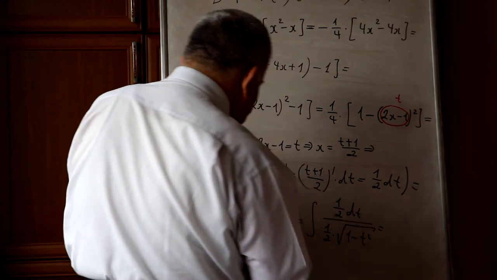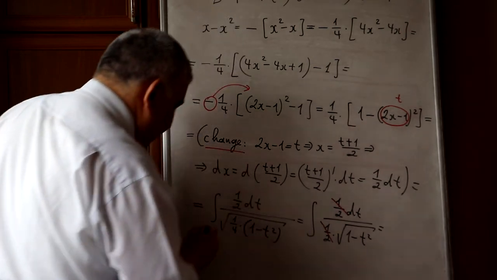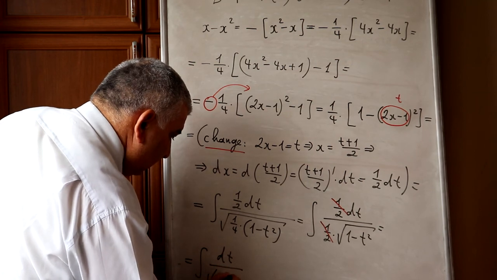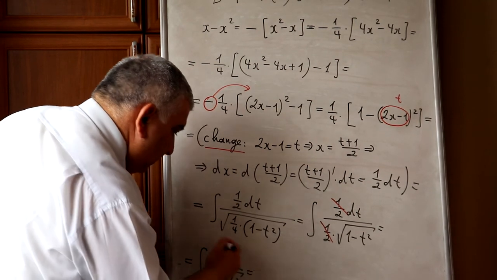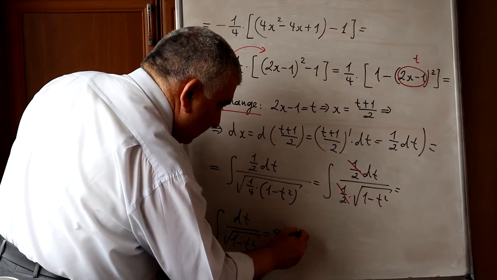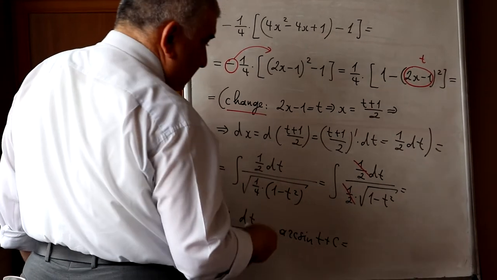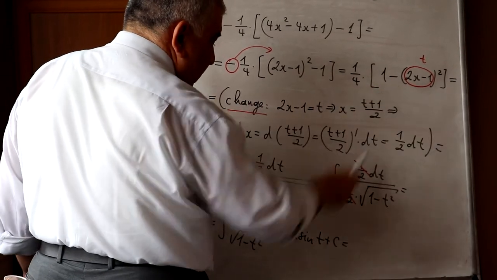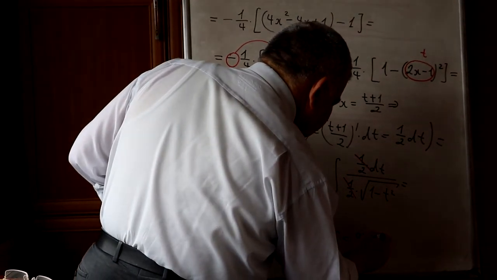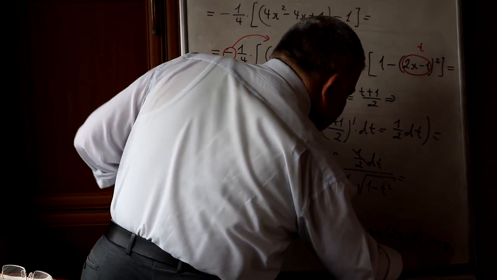Then simplify the integrand by 1 half. Then we have the integral dt over square root of 1 minus t squared. You already know this formula: it is arcsine t plus c. Then return to x. Substitute 2x minus 1 instead of t in this formula: arcsine of 2x minus 1 plus c. It is our answer.